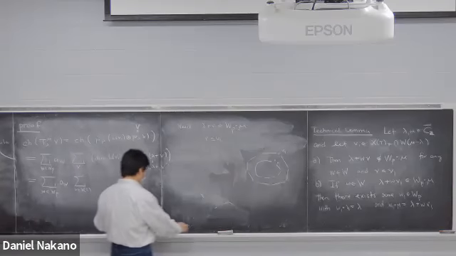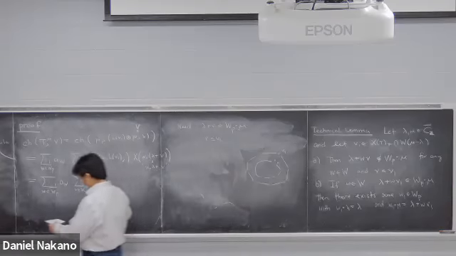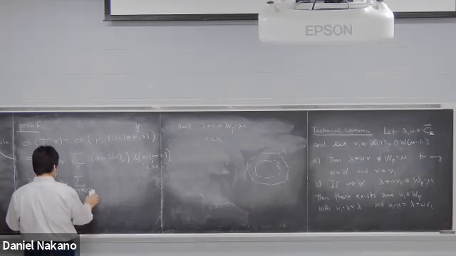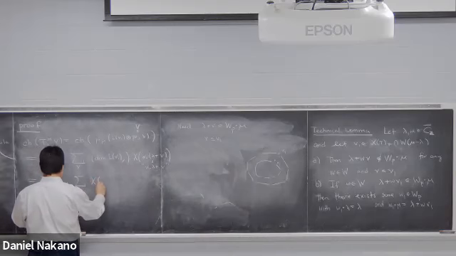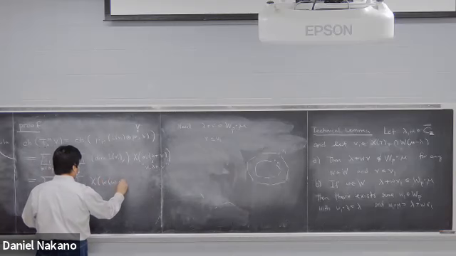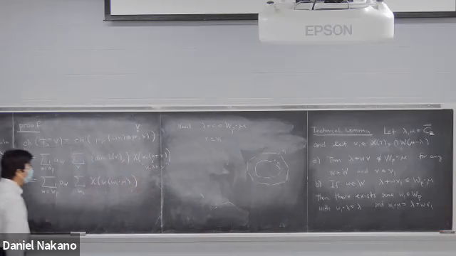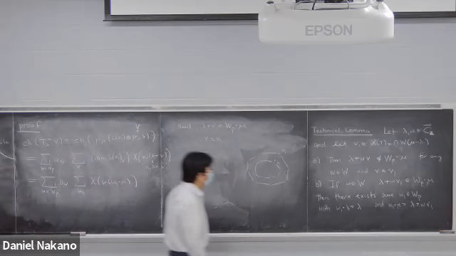Let me rewrite this, and then I'll explain, okay? So basically, this is over W1, pi, W of W1 dot one.